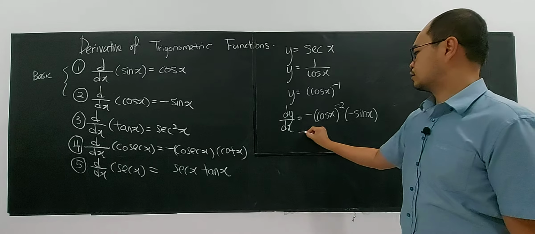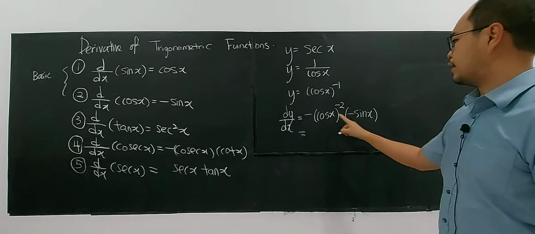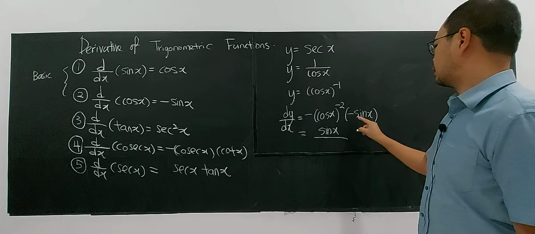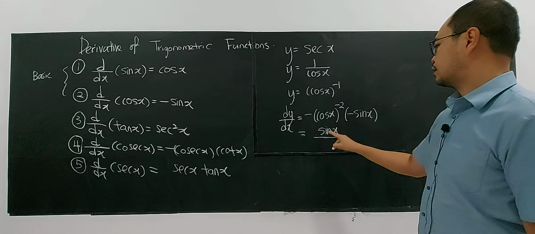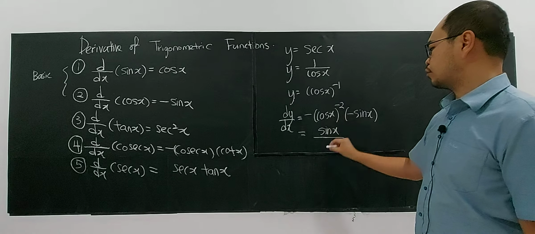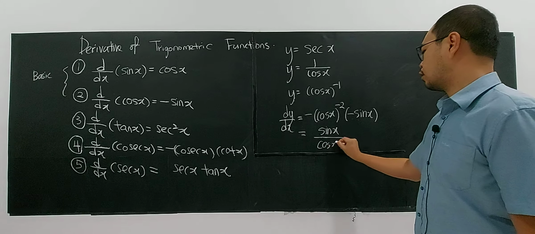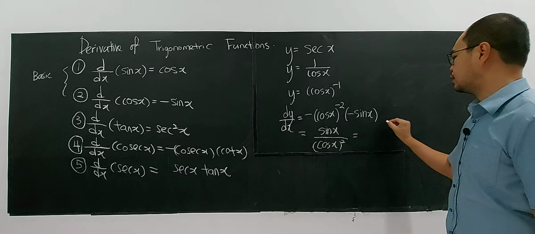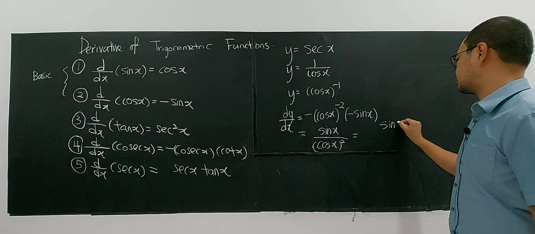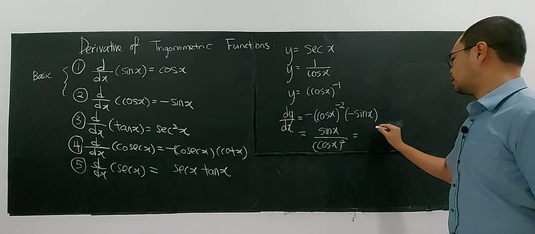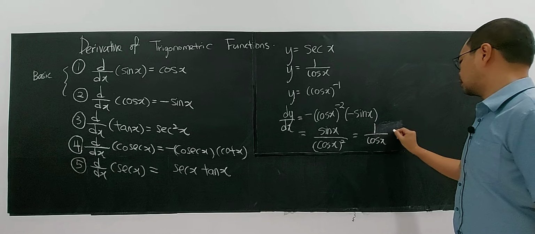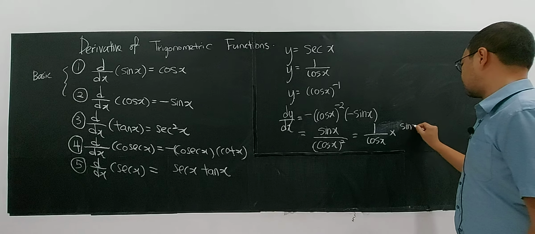So then you will have negative negative, positive sine x, and this will be to the power of negative 2. So bring down here, you will have cos x to the power of 2. And I can rewrite this one as 1 over cos x multiplied with sine x over cos x.